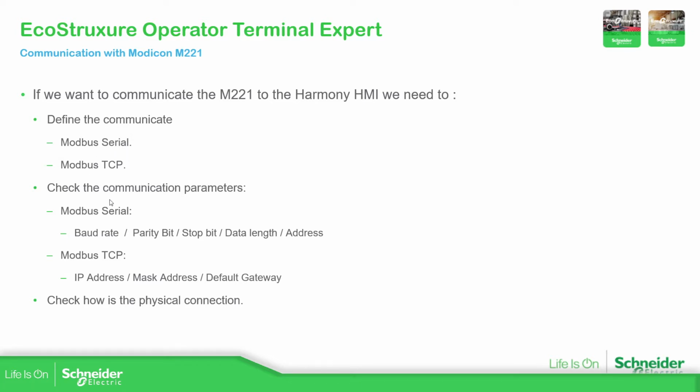Once you have that, you will need to check the parameters for each communication. If you are using Modbus serial, these are the parameters that we need to check, and if you're using Modbus TCP, these ones. Then also check the physical connection. It's not enough for the configuration if the physical connection is not all right.